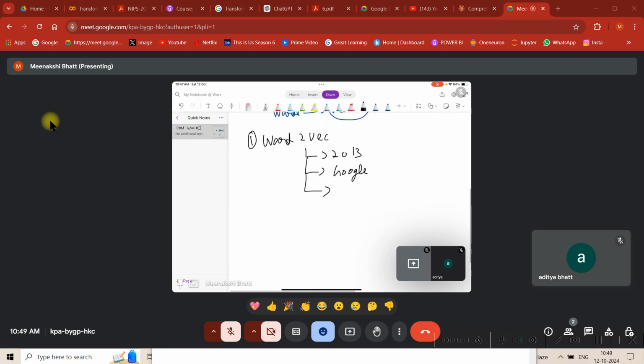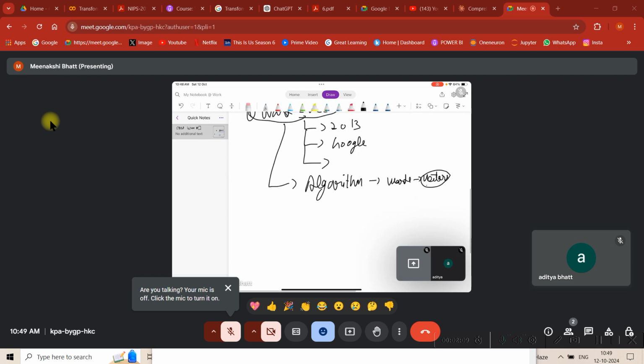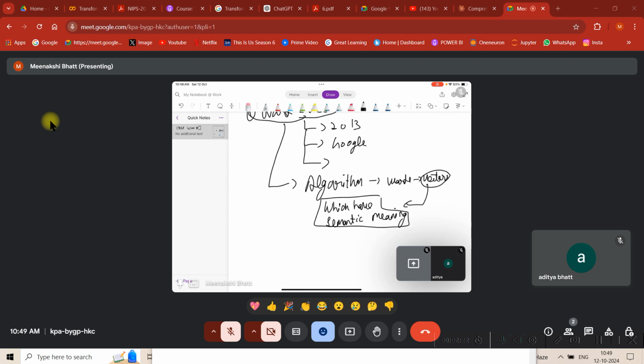What is essentially the idea? The essential idea is that if we leverage this algorithm, we can convert words into vectors which have semantic meaning. So why do we want the vectors to have semantic meaning?